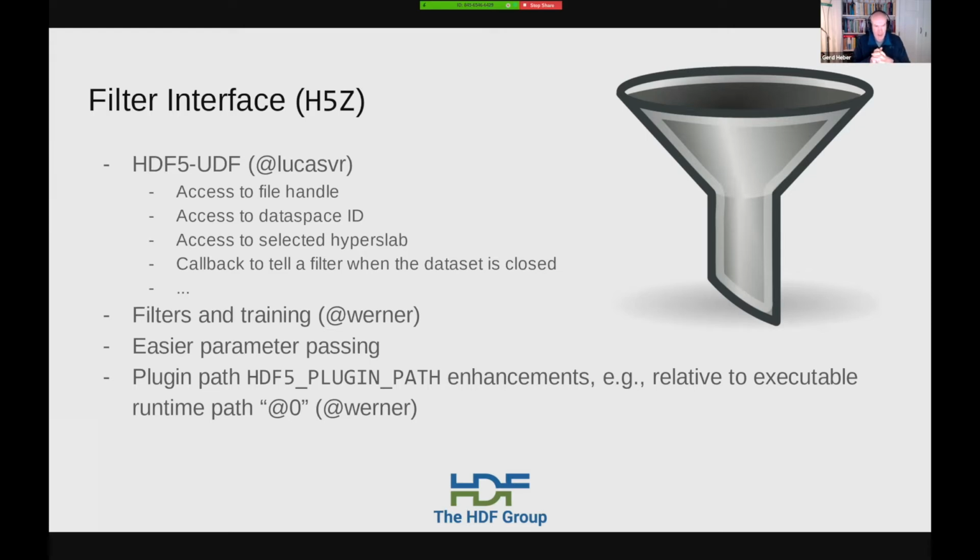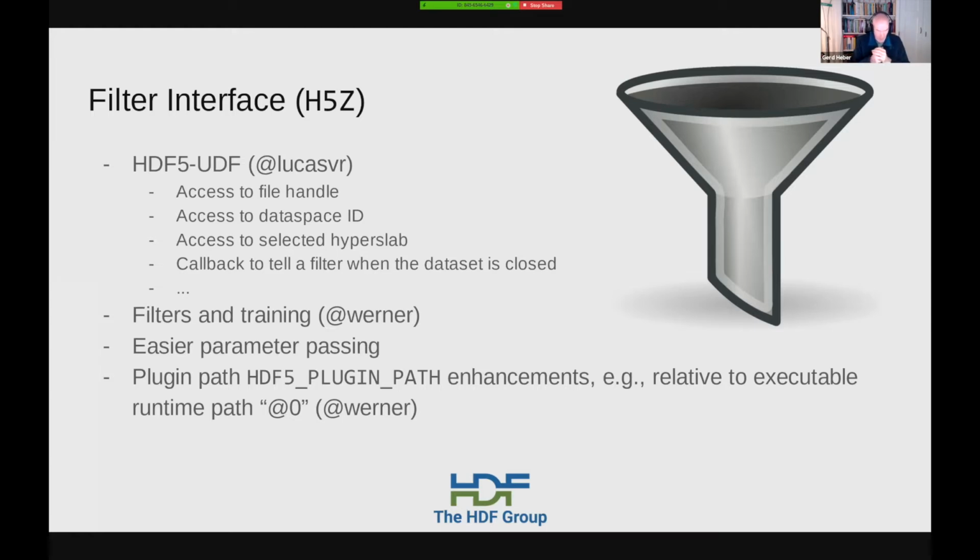And he was lacking things like access to the file handle from inside of a filter callback, access to perhaps the dataspace ID, if there was a selection, maybe that hyperslab, or an additional callback to tell a filter when the dataset is closed. I invite you to go back to the thread. He lists also a few use cases there.